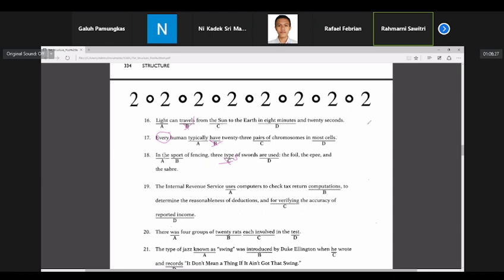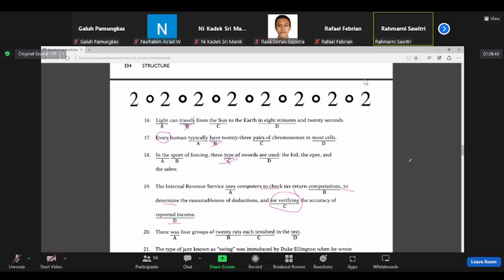And yes, because here we have parallel forms, we have to check and then we have to determine. Well, for another one, it should be to revolved, not verifying. Yes, that is C. Then number 20, Rana Jingga.